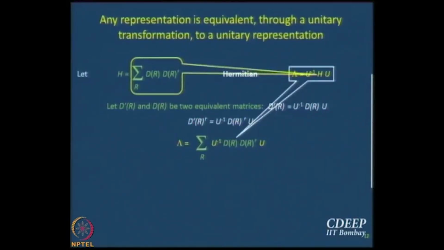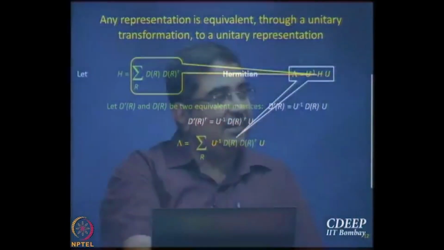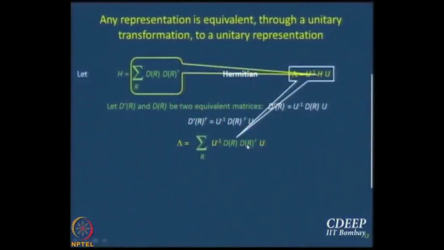What can we do next? What should I do next? Replace by what? By which equation? Well, eventually we will do that also, but see, the second equation relates dr dagger with d prime r dagger. Okay. What we can try to do is this, we have to get to d prime r, of course. So, we need to convert this into a product of similarity transformations. So, here you see dr is left multiplied by u inverse, dr dagger is right multiplied by u.